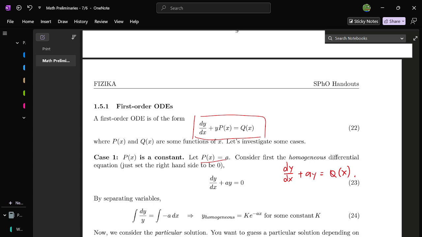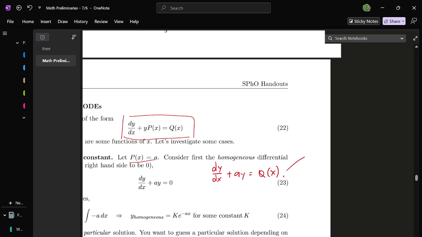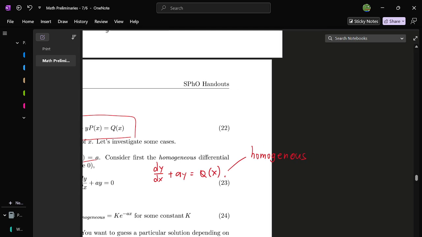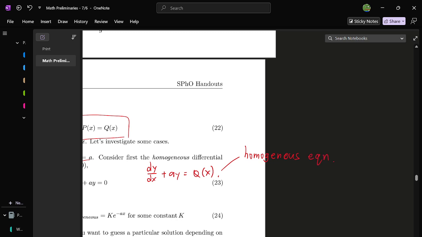The way we solve an equation like this is to always consider what we call the homogeneous equation and then the particular solution.